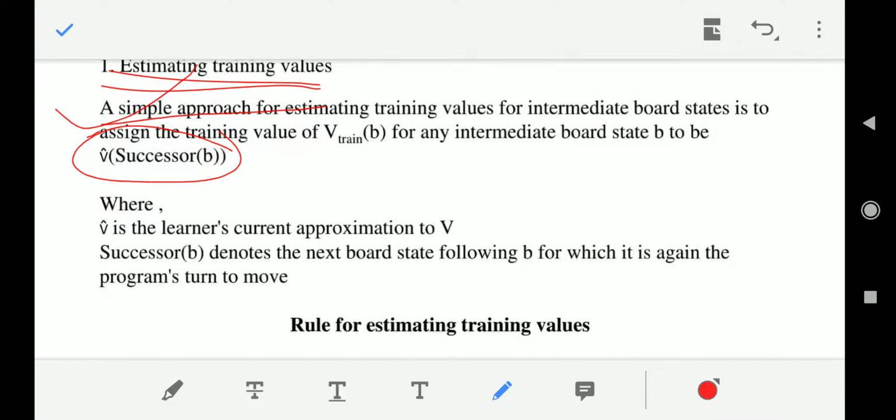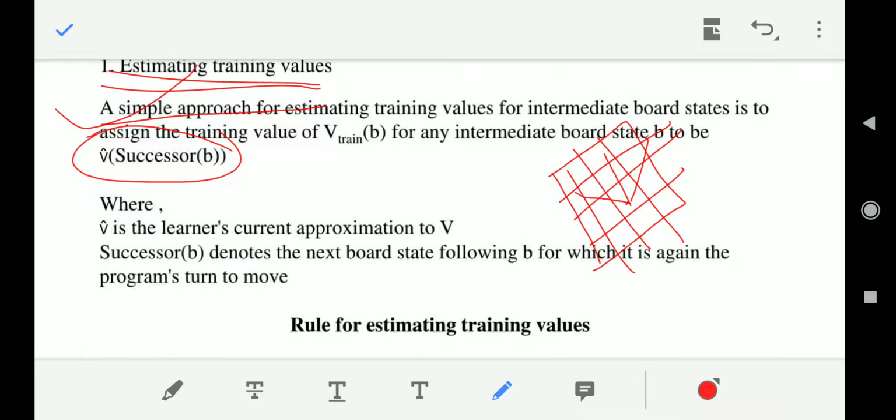What is the meaning of this? See, I am playing now. I am in some state. From here I have around 3 or 4 moves. What will happen if I move this, or this, or this? For example, from here let us say I have 3 options to move.